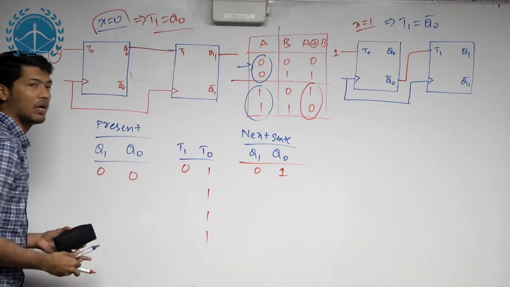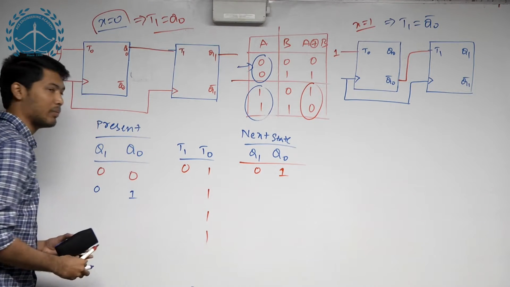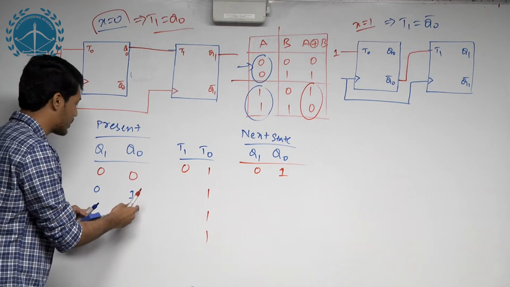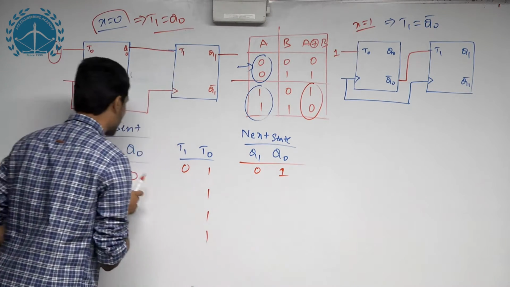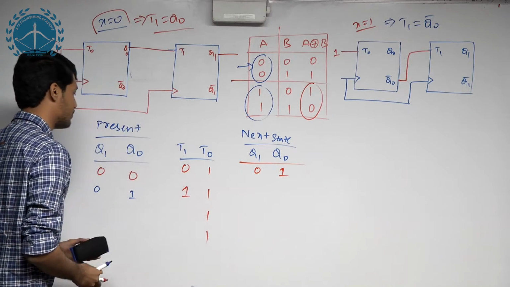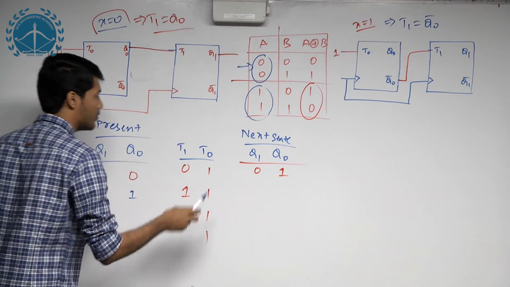So now my present state is 0 1. When the counter is in state 0 1 and a clock is given, since T1 is equal to Q0, T1 will be 1, so both will toggle, so 0 1 will become 1 0.